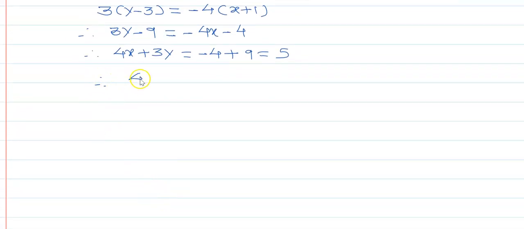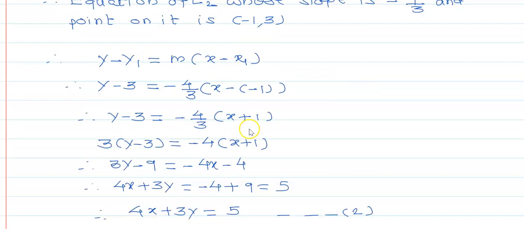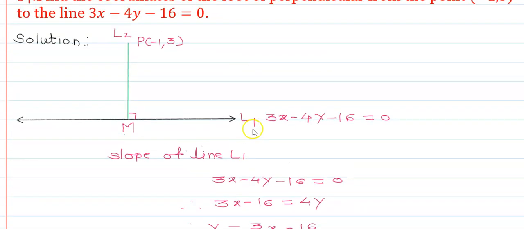Therefore 4x + 3y = 5. Okay, this is equation 2. And what about equation 1? This we will treat as equation 1, which is 3x - 4y = 16. Okay, this is equation 1.